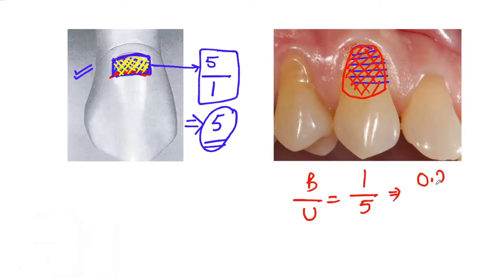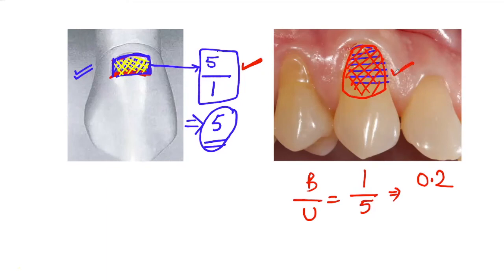So in this case, the ratio of bonded to unbonded will be 1 by 5, which comes out to be 0.2. I hope this difference in C factor in two different types of class 5 cavity preparations is clear to you. One is box shape where C factor is 5 because there are 5 bonded surfaces and one unbonded surface.